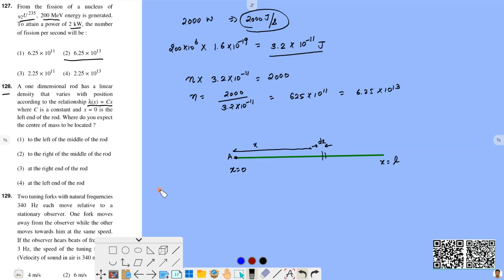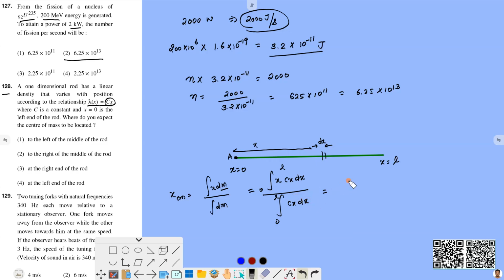So center of mass here will be xcm equal to integral x dm divided by integral dm. x will stay as it is. Now dm is the mass of the small element, and that will be mass density into length. Mass density is cx, so dm is cx dx. Now the integral will be from 0 to L on both sides.